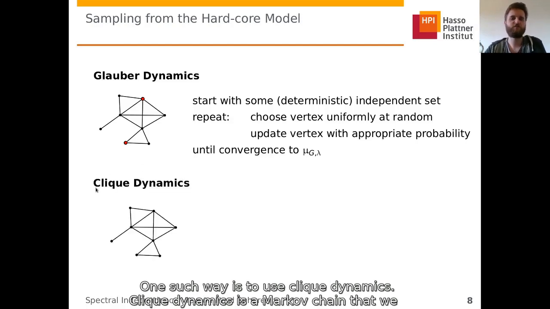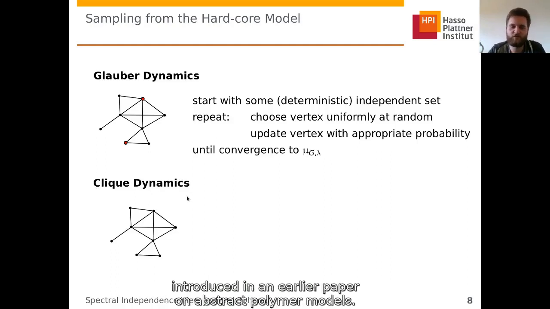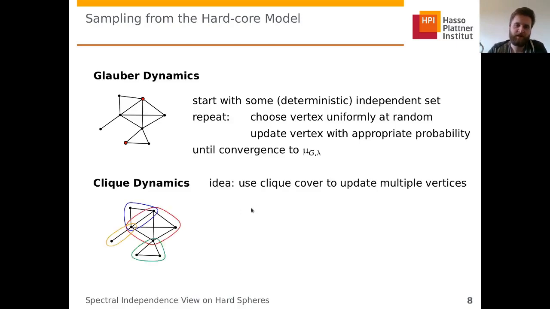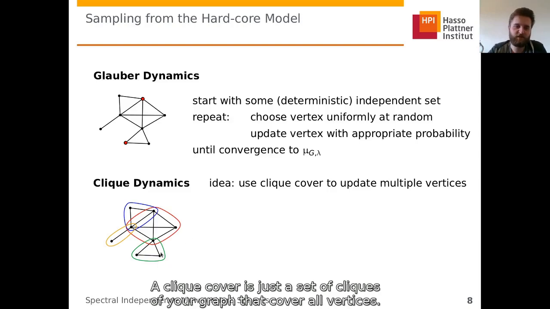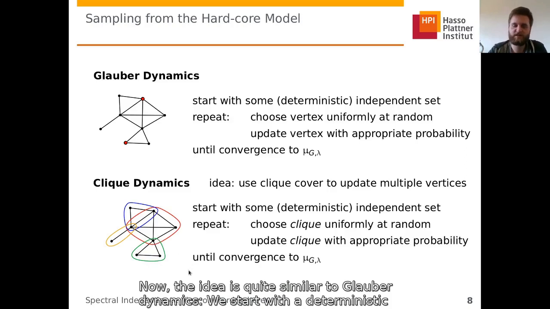One such way is to use clique dynamics. Clique dynamics is a Markov chain that we introduced in an earlier paper on abstract polymer models. The idea is that we update multiple vertices at once by using a clique cover. A clique cover is just a set of cliques in your graph that cover all vertices. Now the idea is quite similar to Glauber dynamics.